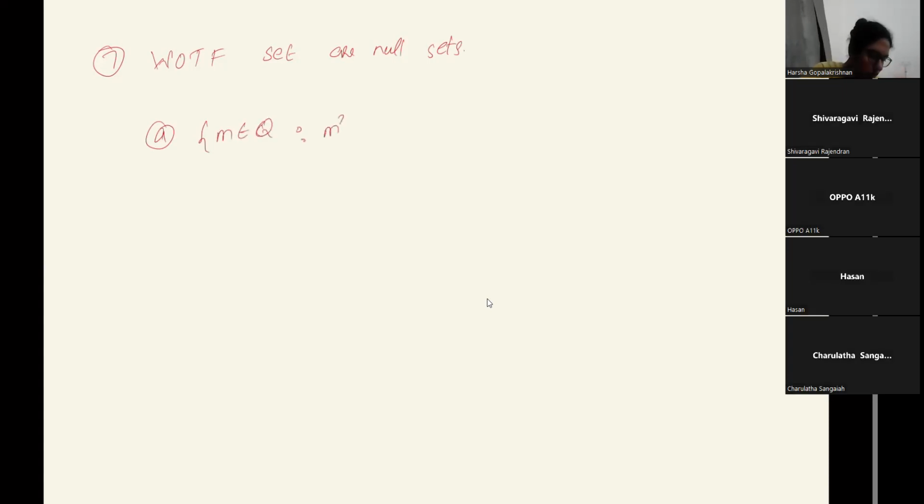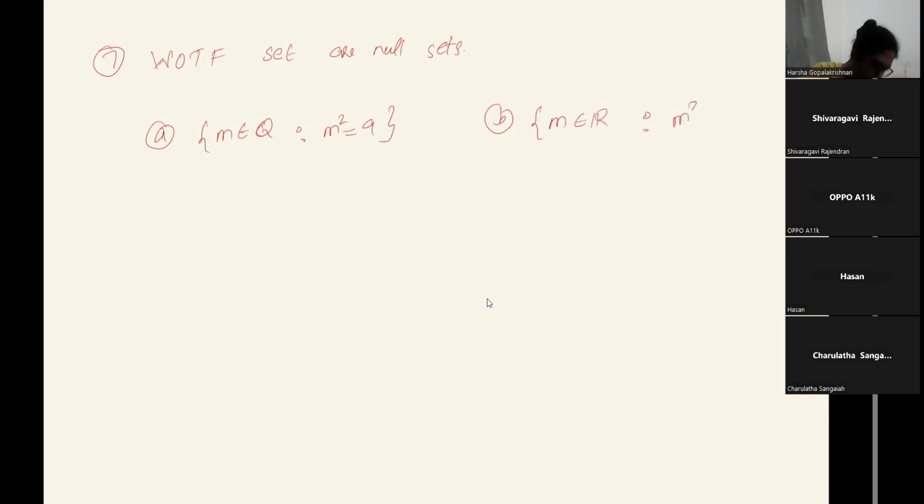Now we have some sets. We need to check which of the following is a null set. So first one is set of all M in Q. What is Q? Set of all rational numbers. Second option is set of all M in R such that M square equal to 5.